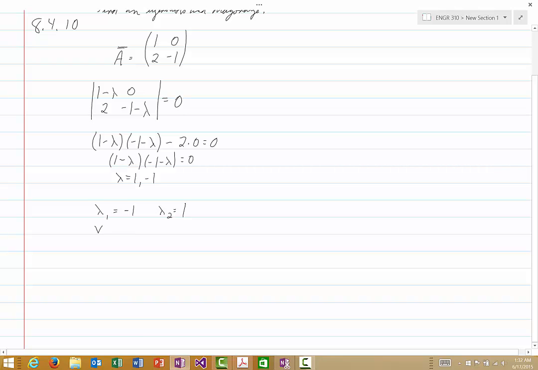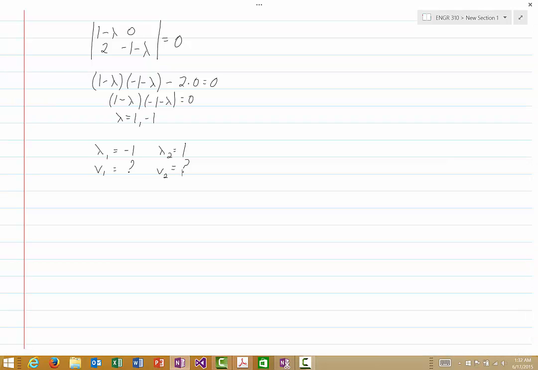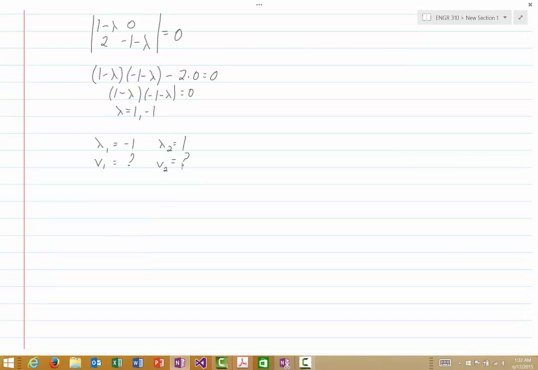And now we want to find the associated eigenvectors. We will do this in the usual way. First of all, we will return to the definition of eigenvector.